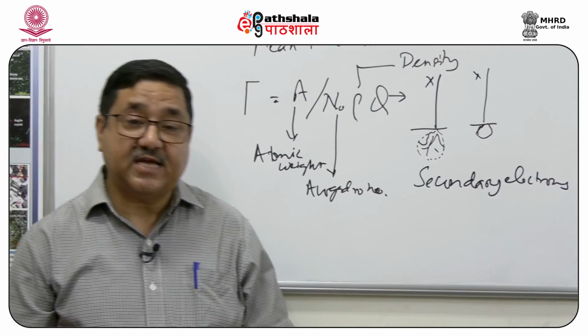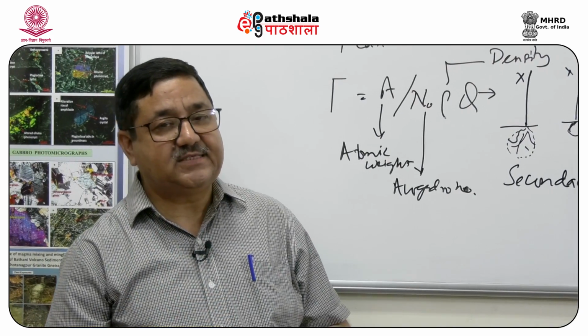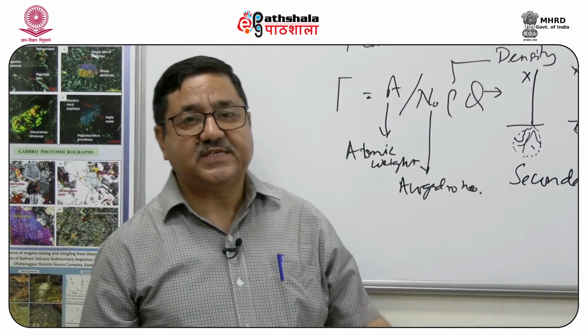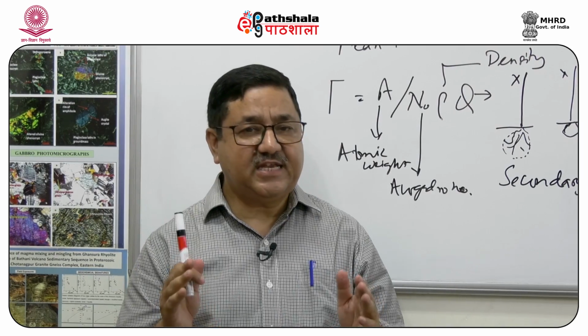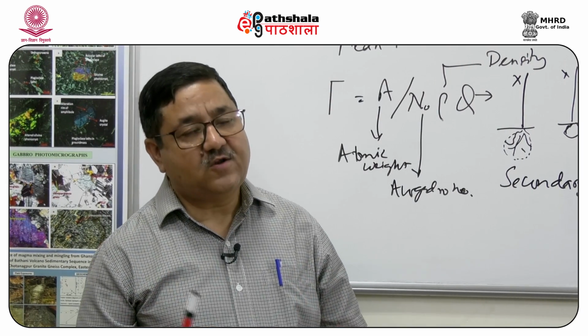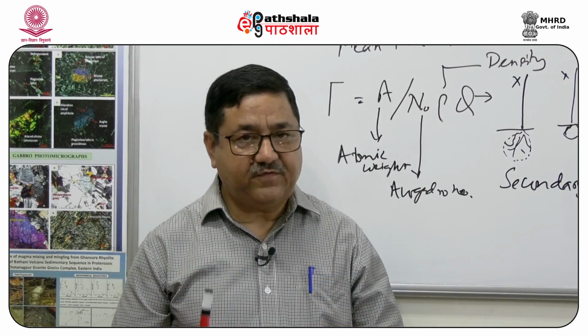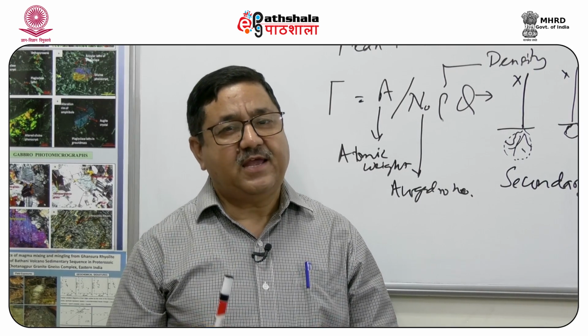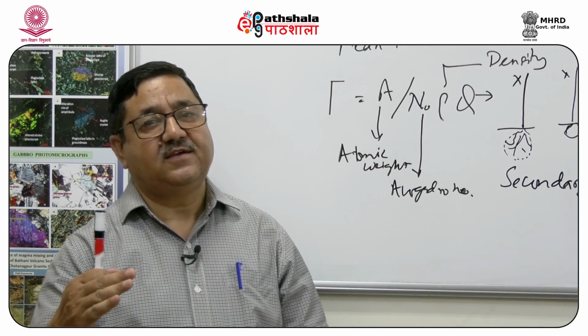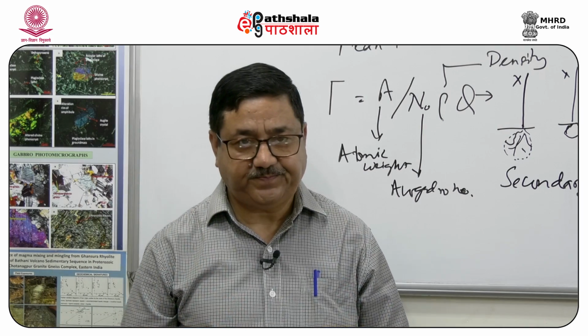These are a result of inelastic scattering, which means that the energy of the secondary electrons is significantly lower, normally of the order of few electron volts and not going beyond 50 electron volts in most cases.